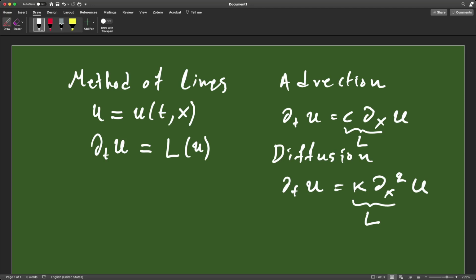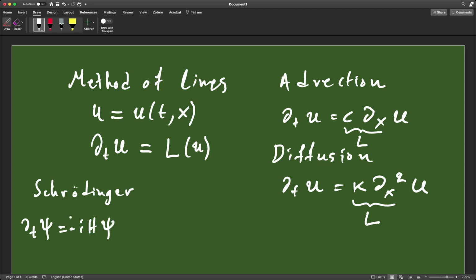Another example of a linear PDE is the Schrödinger Equation, and this is of this form, where H is the Hamiltonian.